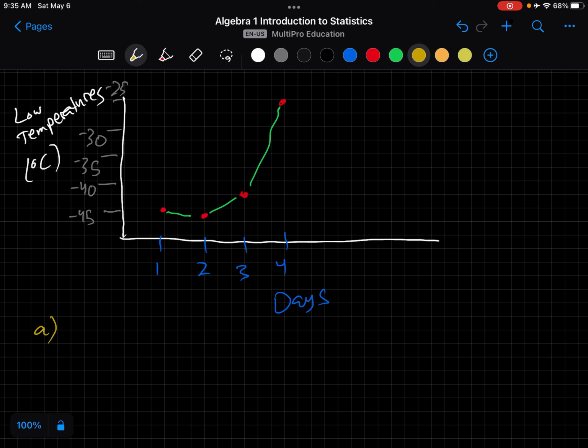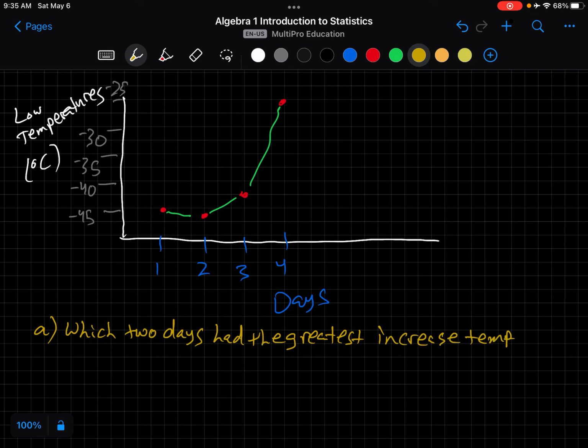All right, let's see what our questions are. Which two days had the greatest increase in temperature? So what do we mean by increase? It goes up, right? It gets warmer.